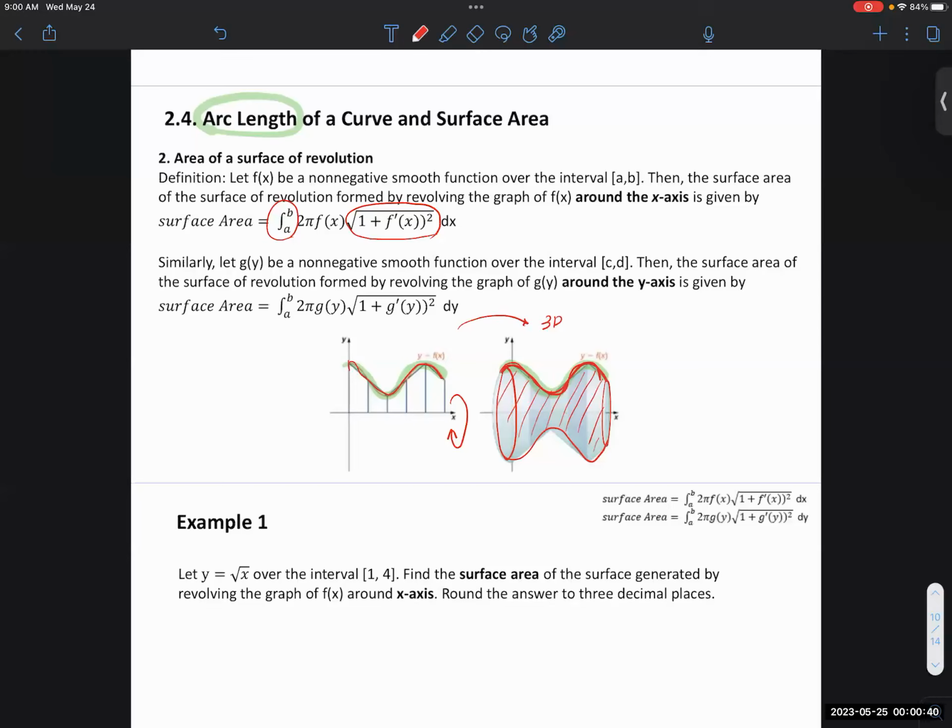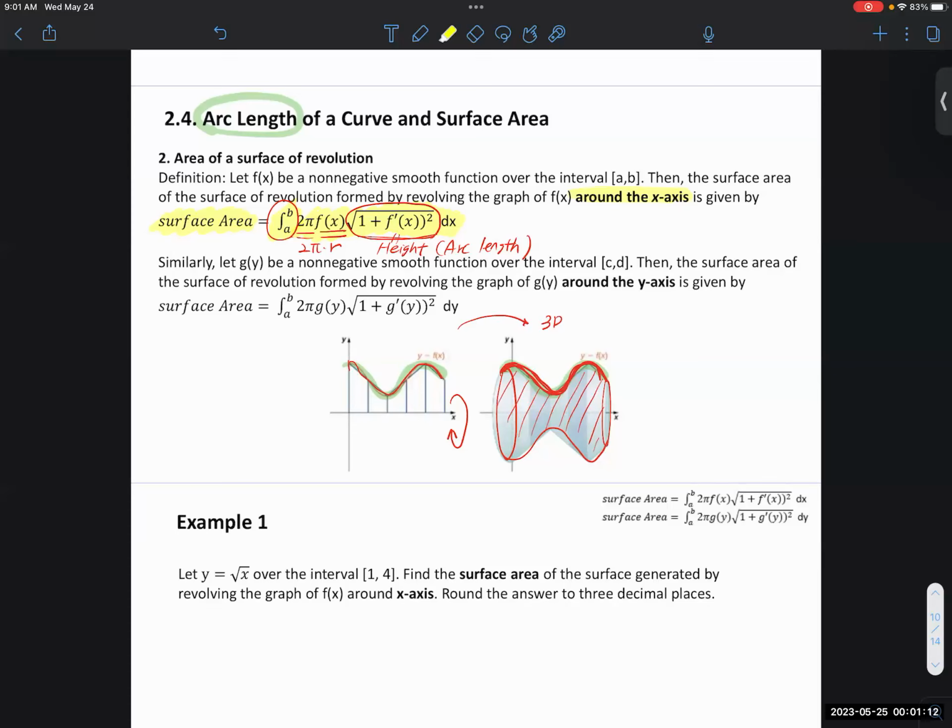What we know is the formula: 2 pi times r, this is the height, this is your arc length. What do you think? Arc length times 2 pi r, you can find the surface area. So this is the formula when you rotate the function about the x-axis.